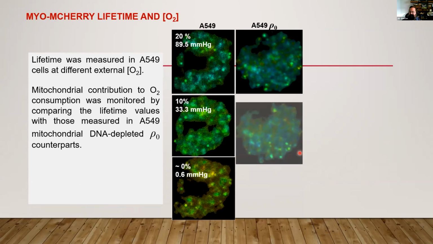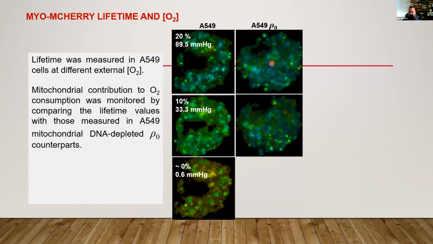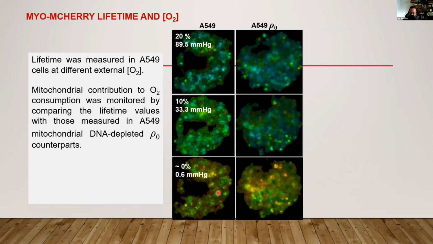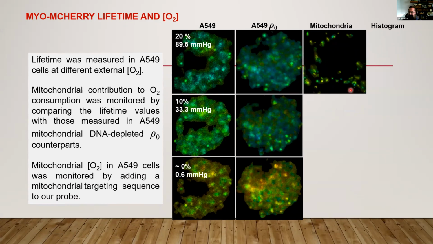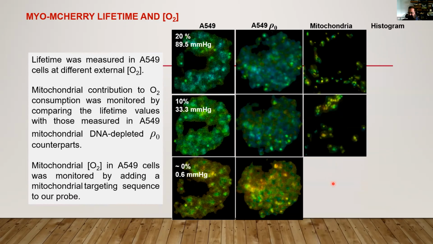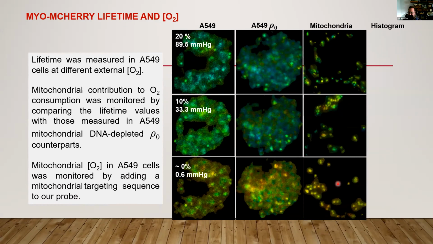So if you shut off the oxidative phosphorylation, you see a lot more of these blue levels, which indicate high oxygen levels in the cell. And you can make any of these cells go to anoxia if you take away their oxygen. Then they become more orangish, again, short lifetime, deoxy. But mitochondria are always a bit more anoxic than their counterparts.